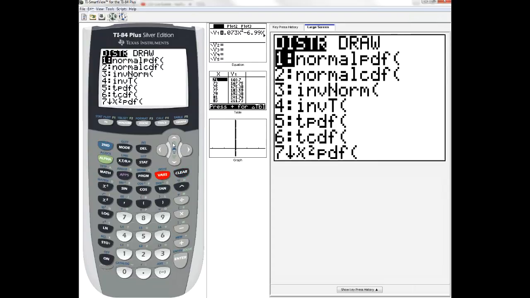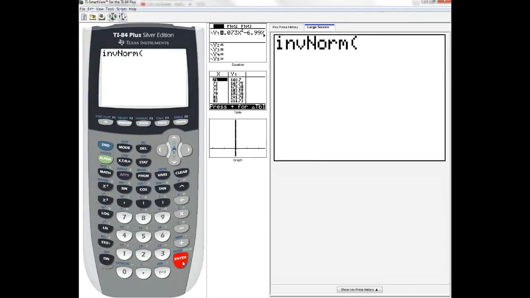Number 5. Okay, here you have to be a little bit tricky. This is probably the most important thing about this inverse normal feature in terms of using it. The area that you put in has got to be to the left. Okay, it's got to be to the left.